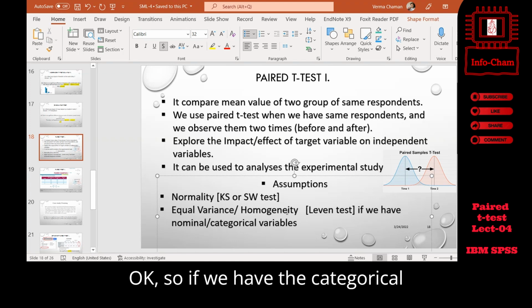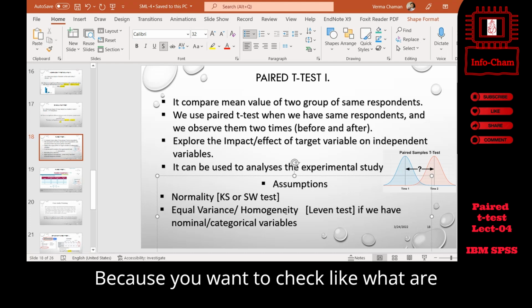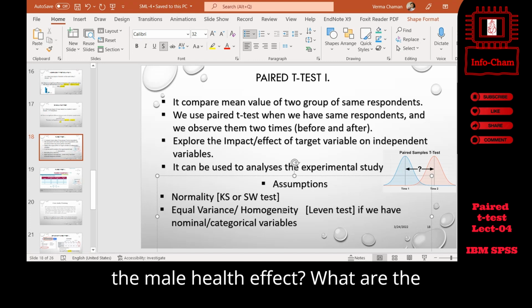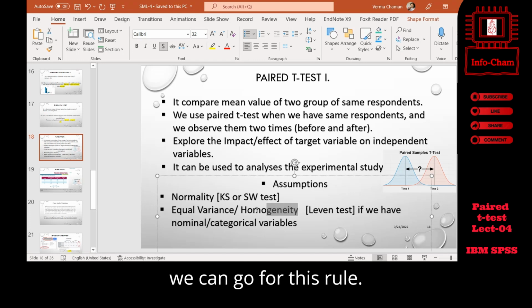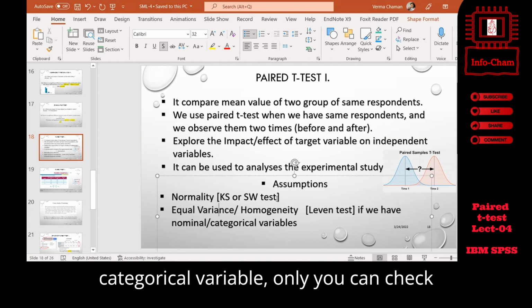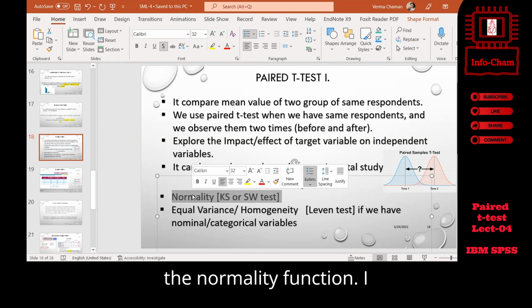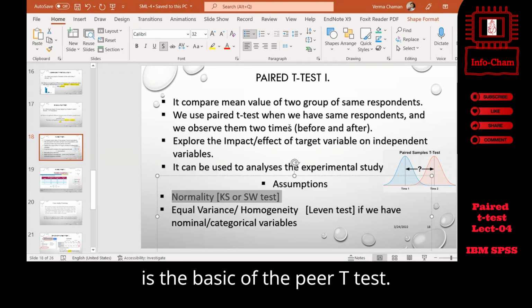If we have a categorical variable, right, because you want to check what the male health effect is and what the female health effect is, in that case we can go for this rule. Otherwise, if we have no categorical variable, you can only check the normality. I think, is it clear to you? So this is the basic of the paired t-test.